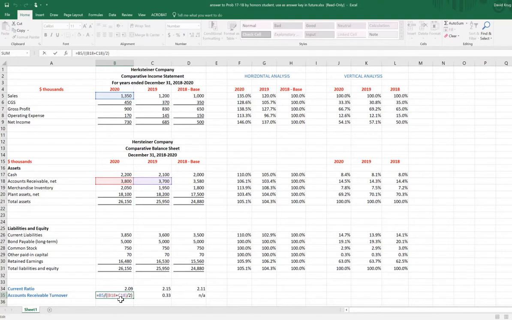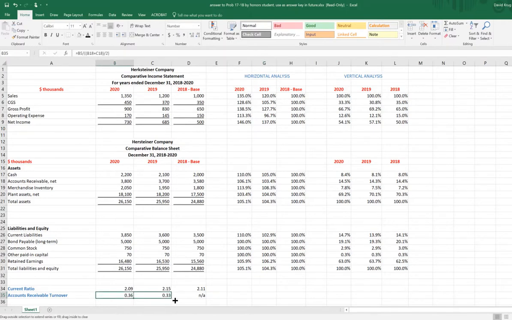The first thing that we want to do is add those 2 numbers. Then we want to divide those 2 numbers by 2. Then we want to take B5 divided by that number. Are you with me? It's this number divided by the average accounts receivable, which are these 2 numbers. And that equals 0.36.